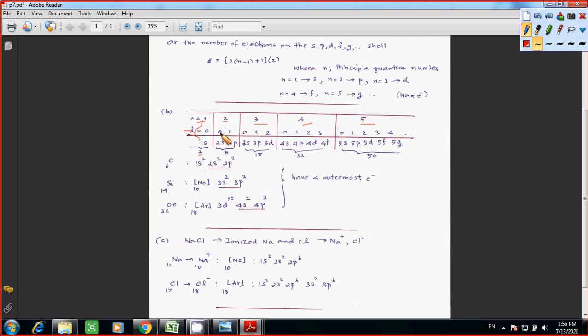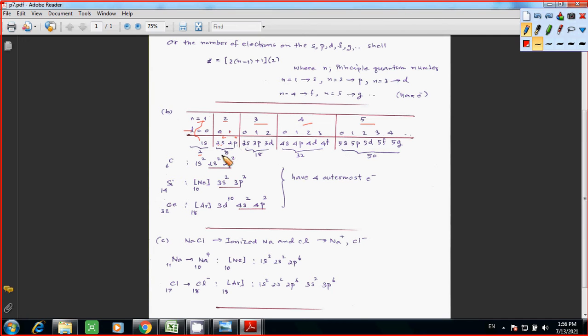For n equal to 2, you have L equal to 0 and 1. That means you start from the innermost orbit. That becomes 2s, and you can take the max as 2 for s. And for p, the maximum number of electrons that can be confined in this orbit is going to be 6.